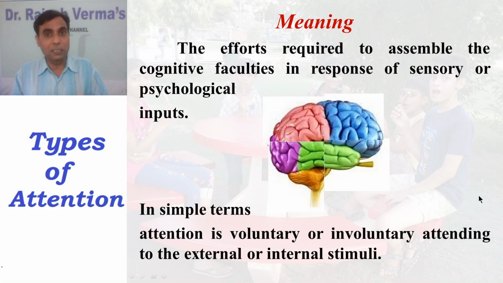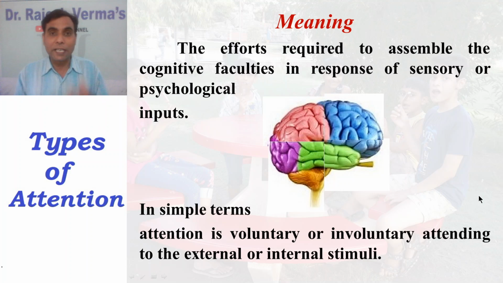Certain situations arise where we are forced to attend to some stimuli, where we are not voluntarily attending to that. Then come external as well as internal stimuli. External stimuli means the stimuli which are outside your body, found in your immediate external environment, whereas internal stimuli means the stimuli that emanate from inside your body.